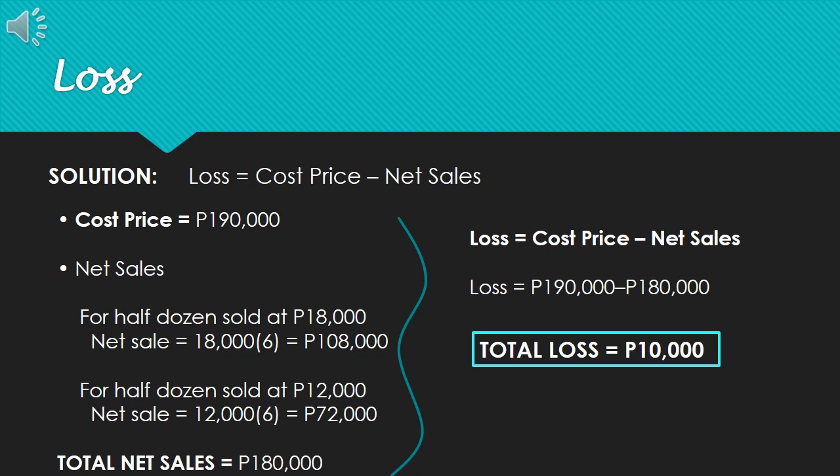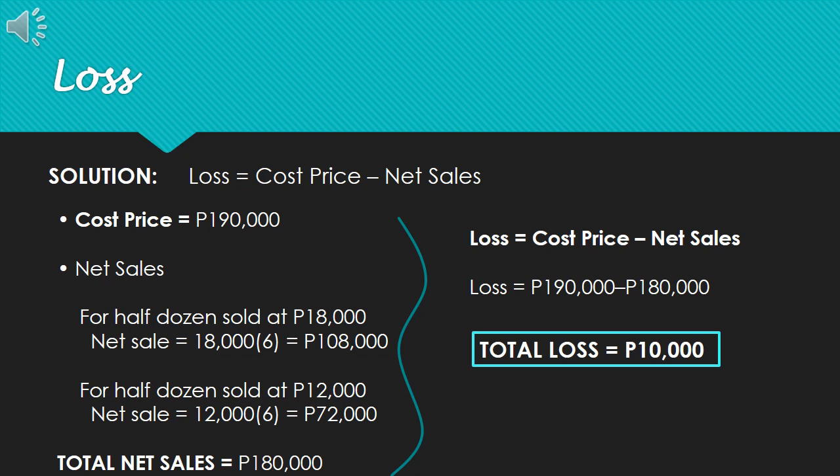And for the other half dozen, sold at 12,000 pesos, we have 12,000 times 6, so we get 72,000 pesos. Adding both, we have the total net sales of 180,000 pesos.